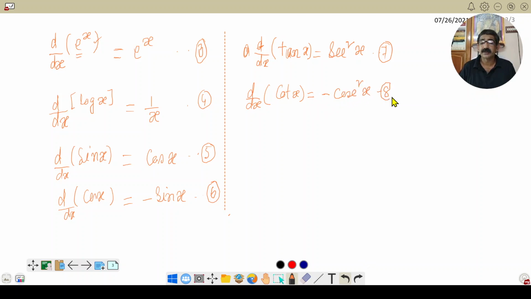Rule number 8, d dx of sec x is equal to sec x tan x. Rule number 9, and d dx of cosec x is equal to minus cosec x cot x.